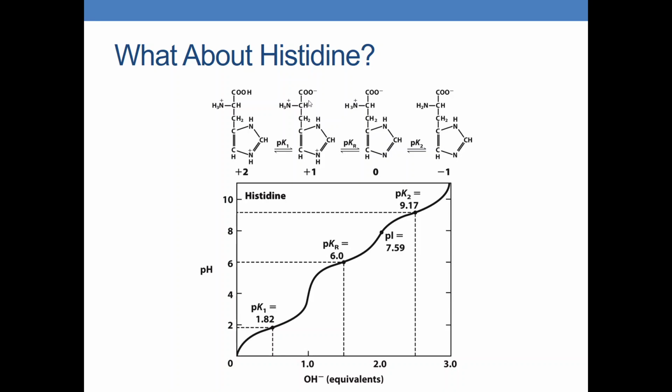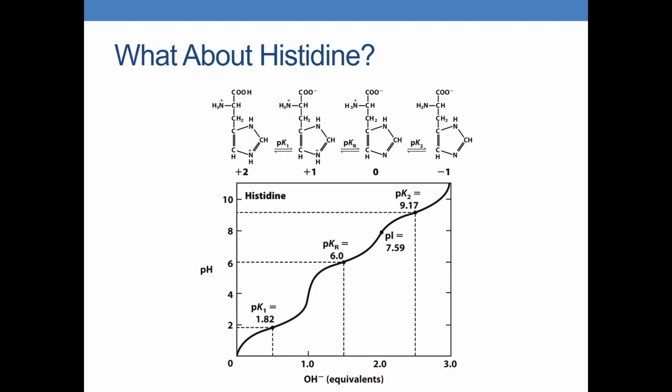Here, remember, I'm losing this proton right here. Losing that proton takes me from an overall +1 charge to an overall 0 charge, where the charge in the 0 species is canceled out between the alpha amino group and the alpha carboxylic acid groups. So when pH equals 6, 50% this, 50% that. The overall charge is going to be positive 0.5, the average of 1 and 0.